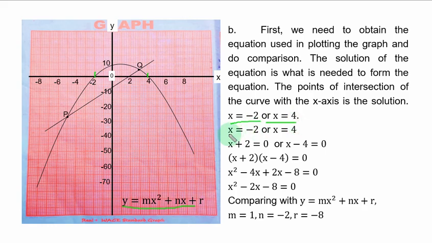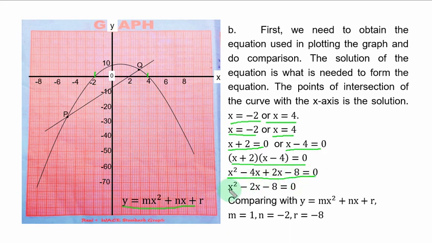So we form an equation using the 2 roots. If you do reverse mathematics here, what produces s = -2 is s plus 2 equal to 0, and what produces s equal to 4 is s minus 4 equal to 0. If you have it in this form, you always multiply the two factors and equate it to 0. When you expand, you have s squared minus 4s plus 2s minus 8 equal to 0.